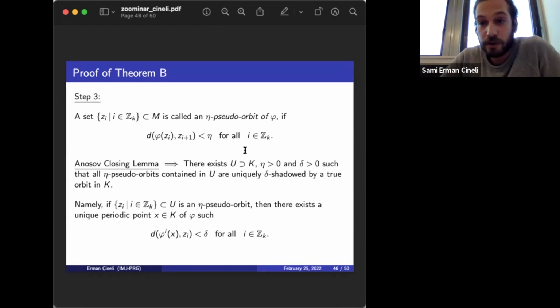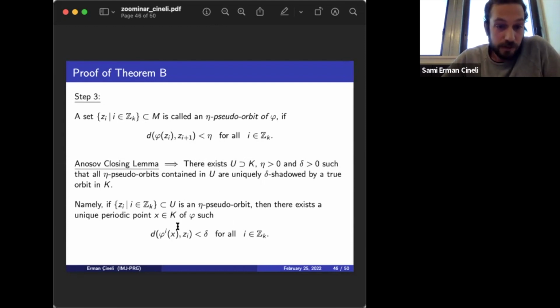For this lemma, it's important that K is hyperbolic and locally maximal. An application of the Anosov closing lemma is this: there exists an open neighborhood U of K, an eta, and a delta such that all pseudo orbits contained in U are uniquely delta shadowed by a true orbit. So here uniqueness is important.